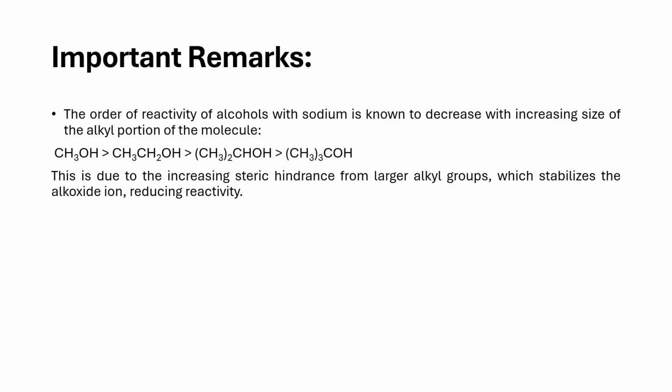Some important remarks we should care about in this experiment. We should know that the reactivity of alcohols with sodium is known to decrease with increasing size of the alkyl portion of the molecule. This means that as the alkyl chain attached to the hydroxyl group increases, the reactivity of alcohols with sodium decreases.